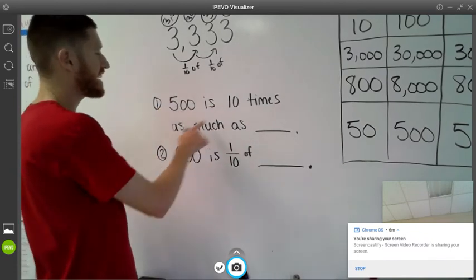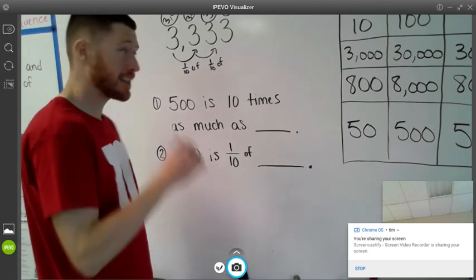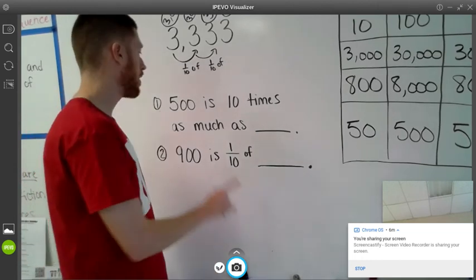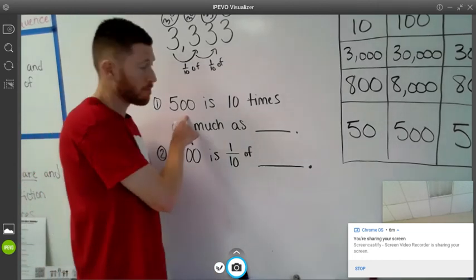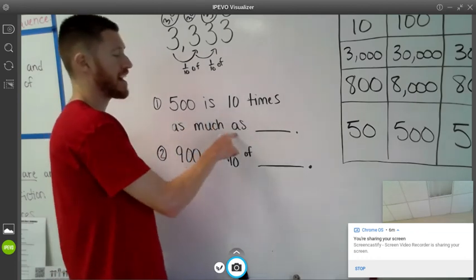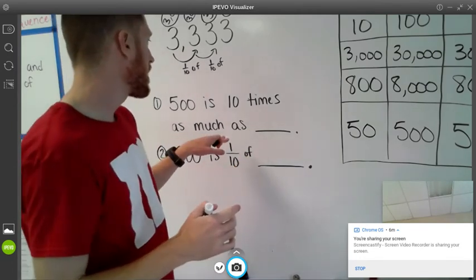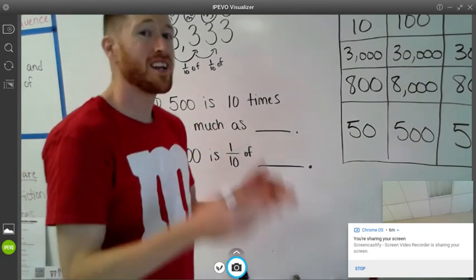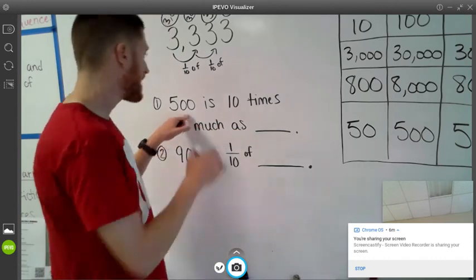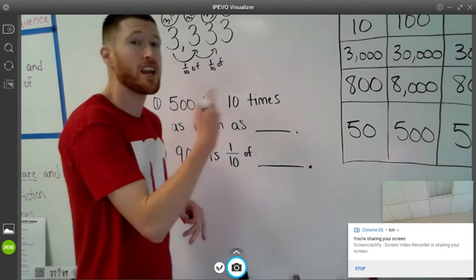500 is 10 times as much as what number? Now this is tricky. Let's read it one more time, a little bit slower. 500, the number 500, is 10 times as much as what number? So what that's asking you is, what number is 1/10 of 500? Because it's saying 500 is the number that's 10 times as much as what number?